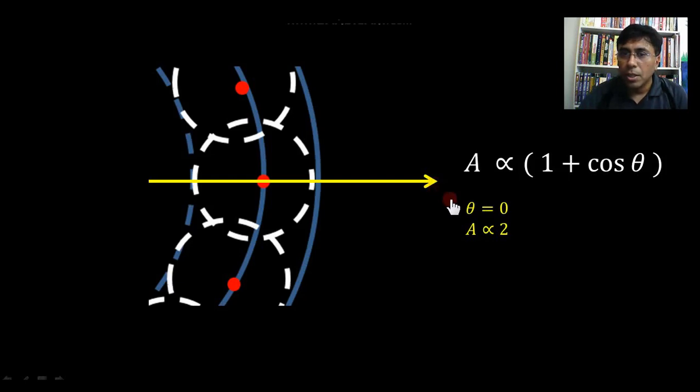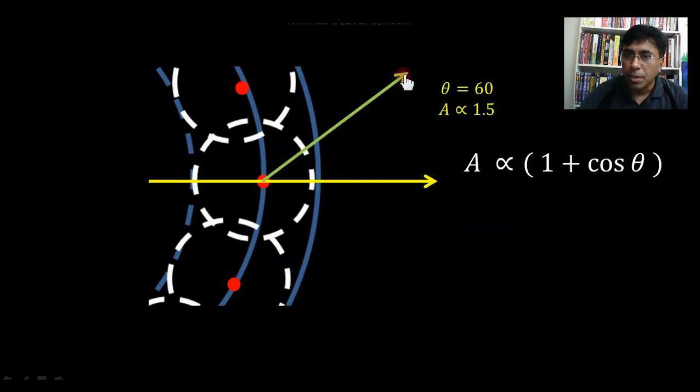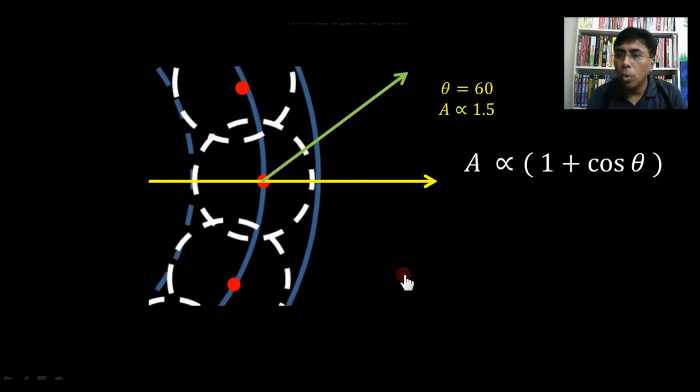Now say I am interested in knowing the contribution of this wavelet at this point. At this point theta would be 0, because if I subtend an angle from this point onto the source of the emission of the wavelet and the direction of the progression of the wave, theta would be 0, and the contribution at this point due to this wavelet would be directly proportional to 2. Now if I move up, at this point theta would be 60 degrees and the contribution due to this entire wavelet would be directly proportional to 1.5.